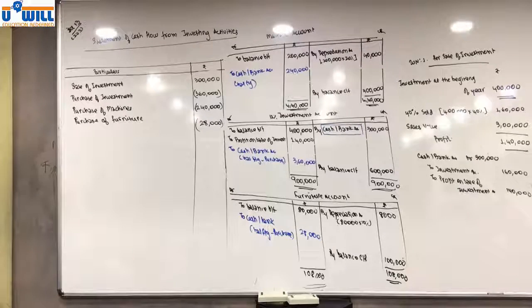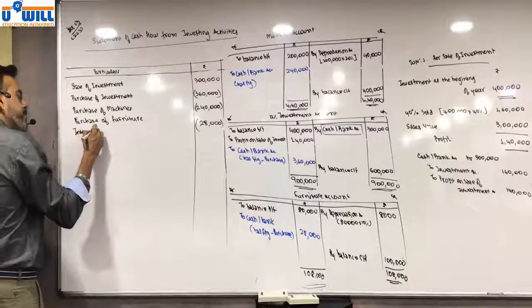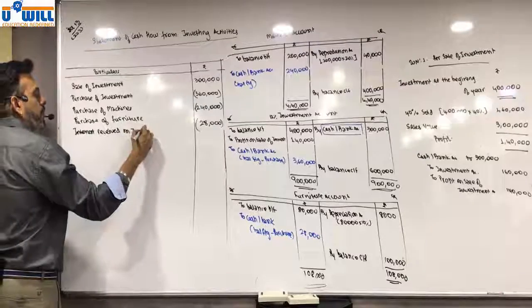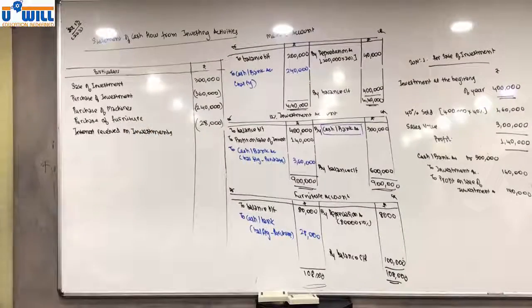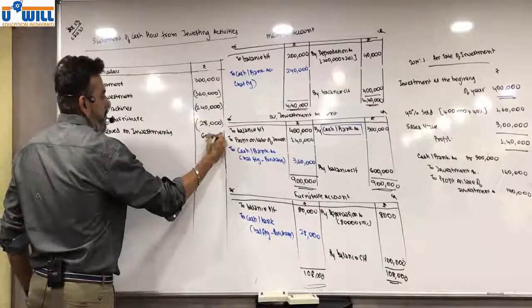Goodwill and patent, assume that they are written off as no information is given. And interest received on investment $60,000, positive.